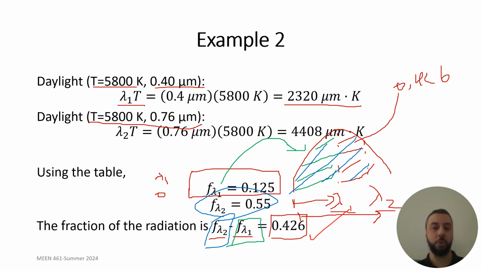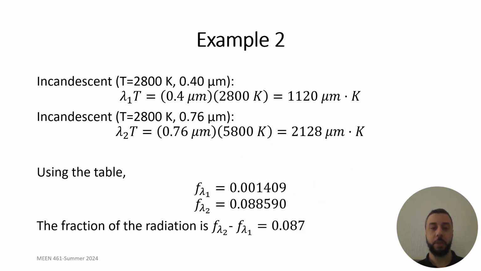So we want to make sure that we know how to do this correctly. Before we get to example 3, we want to do it also for the incandescent light. It's the same procedure, but the temperature is a bit different. The temperature is 2800 K, so we'll do those calculations, and we get 1120 micrometers Kelvin and 2128 micrometers Kelvin.